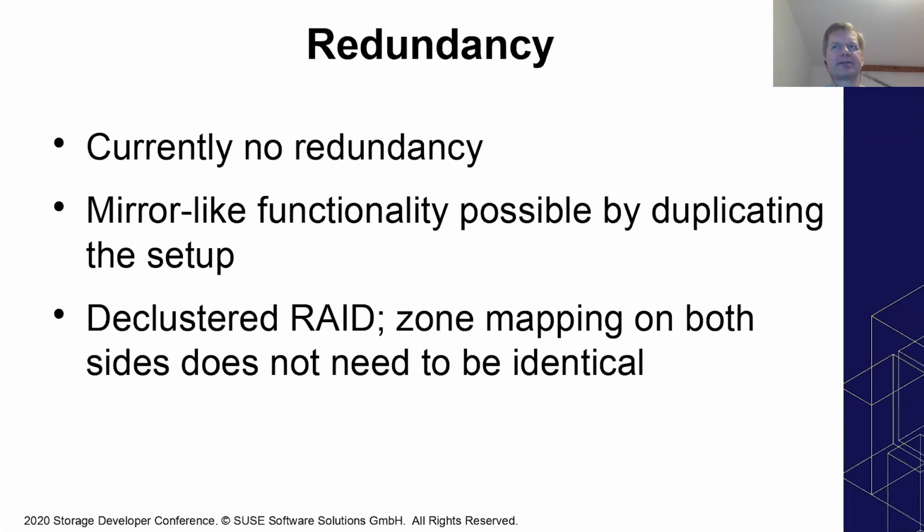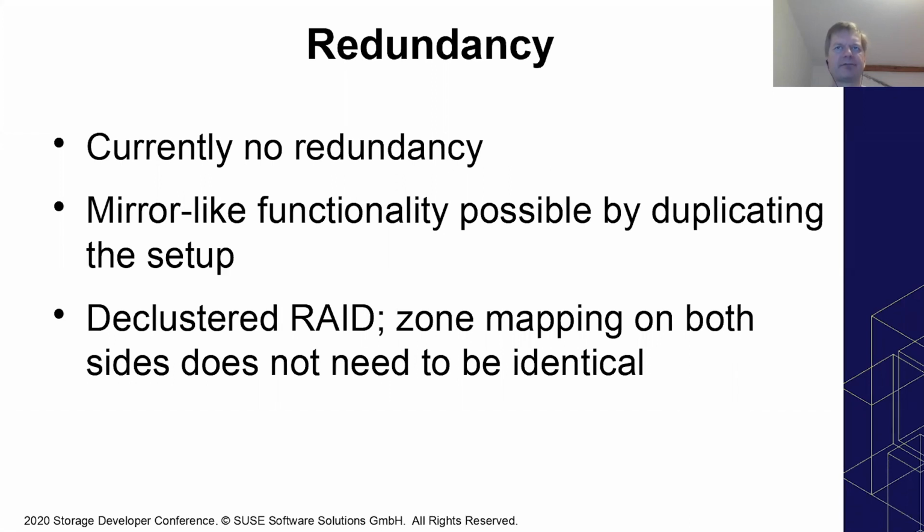Then the zone mapping doesn't need to be identical on both sides, which would improve the reliability of the overall system, because we could easily cope with one sector failing or even an entire disk failing without having to decommission the corresponding disk on the other side, which we would have to do otherwise.